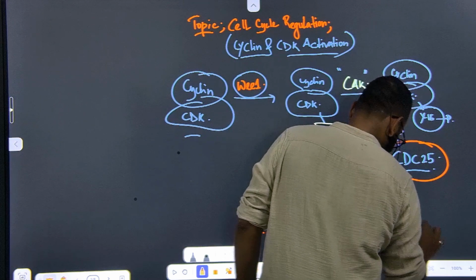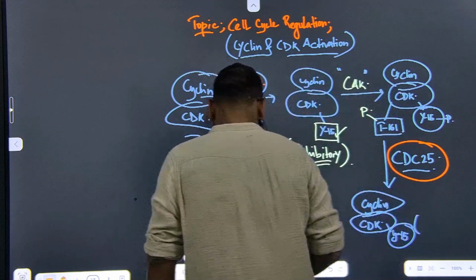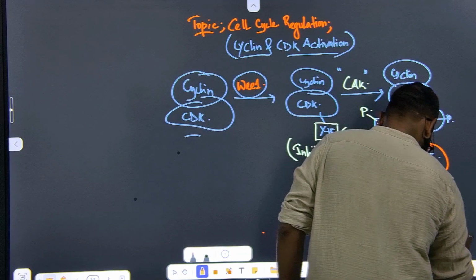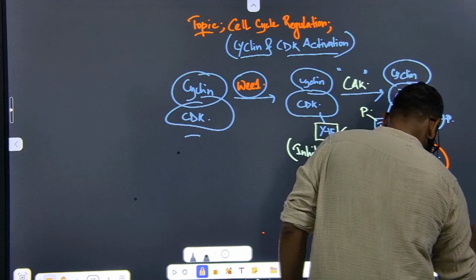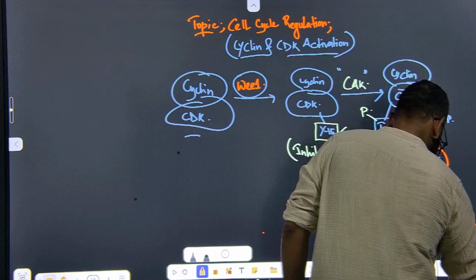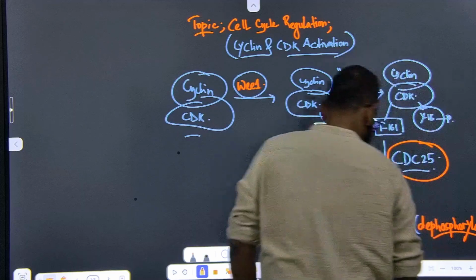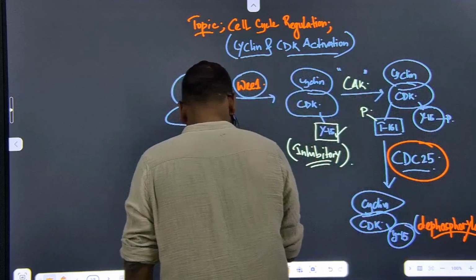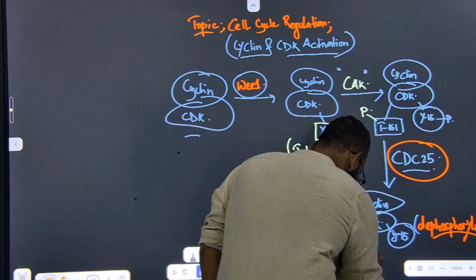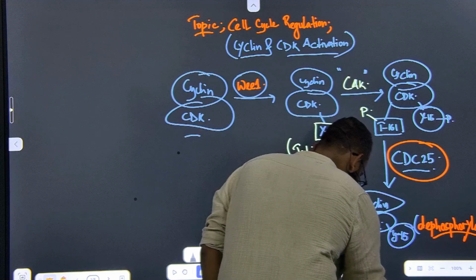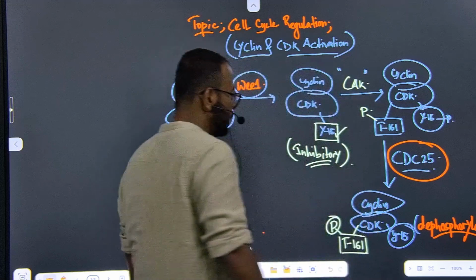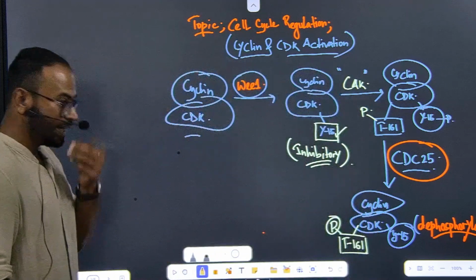Tyrosine 15 gets dephosphorylated. But our threonine 161 is still phosphorylated.